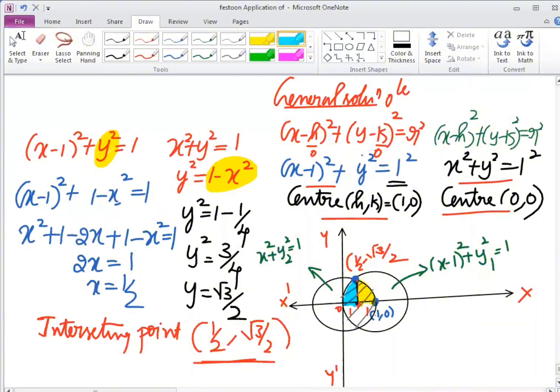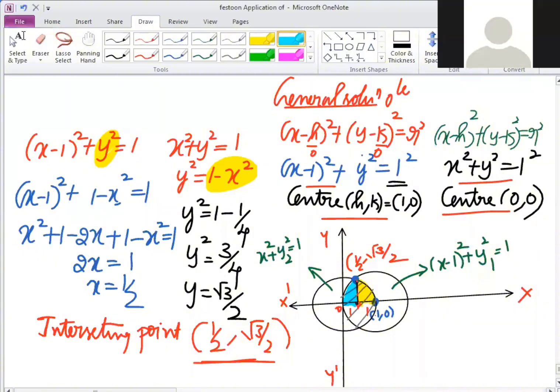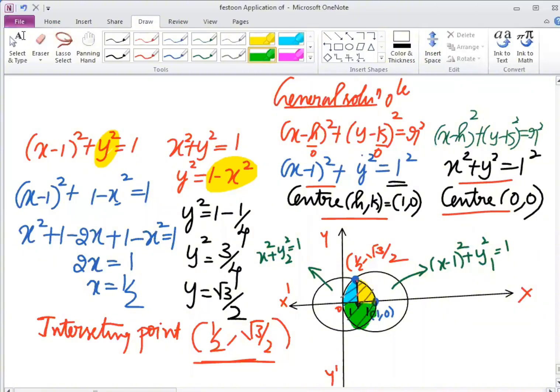Now I should find both and multiply by 2. Add the yellow and blue areas, then we multiply by 2 to get the full area. That's what I am going to do now.